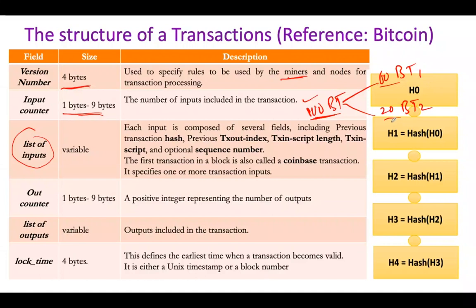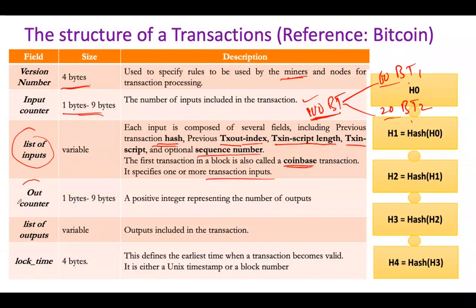Each input is composed of several fields that include the previous transaction hash, the previous transaction output index, the previous transaction script length, the input script, and the optional sequence number. The first transaction in a block we call the coinbase transaction, and it specifies 1 or more transaction inputs like this.